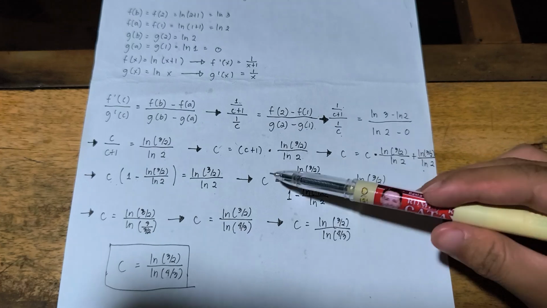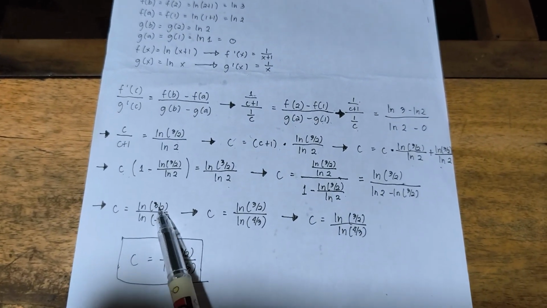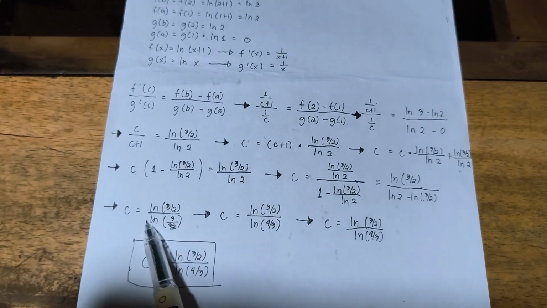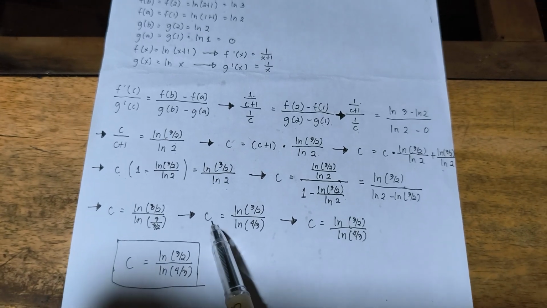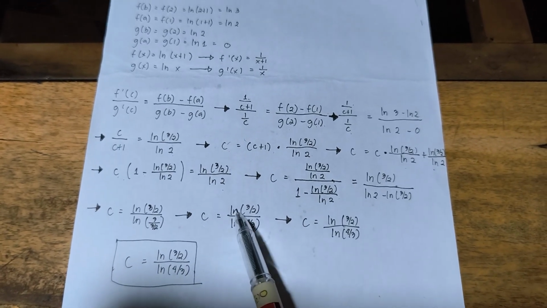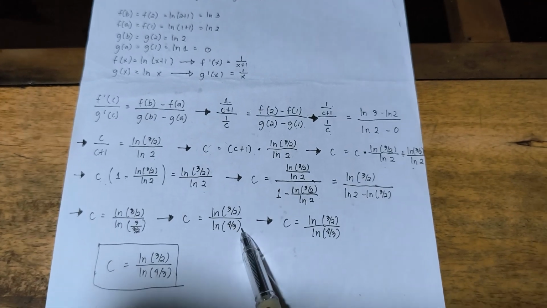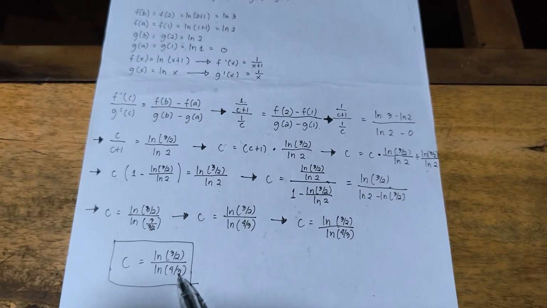So we have c is equal to ln 3 halves over ln 2 divided by 1 minus ln 3 halves over ln 2. So we have here c is equal to ln 3 halves over ln 4 over 3. So the final answer is c is equal to ln 3 halves over ln 4 over 3.